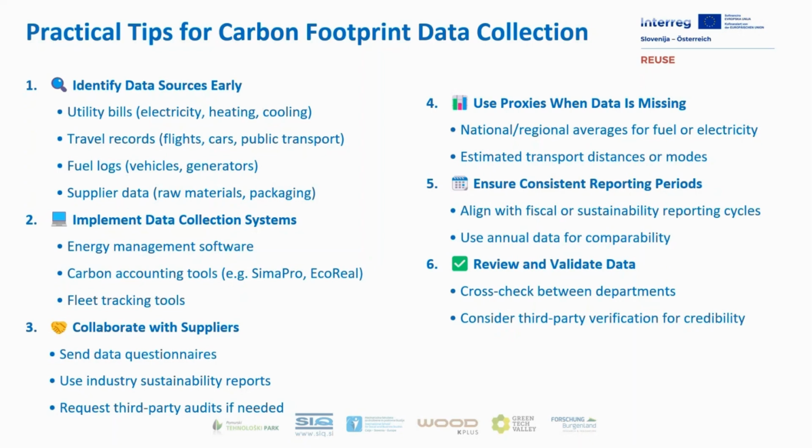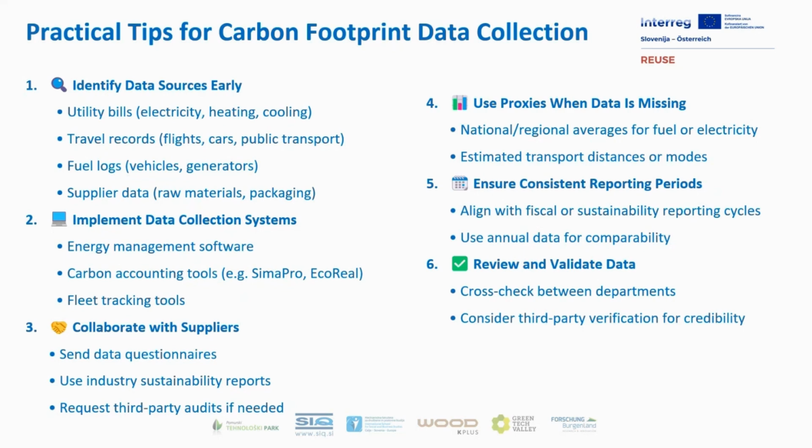Some useful tools include energy management software for tracking electricity, heating, and water consumption across buildings, carbon accounting platforms like SimaPro or EcoReal, which help organize the data and automatically apply the correct emission factors, and fleet management tools for tracking vehicle usage, fuel consumption, and emissions from company transport.